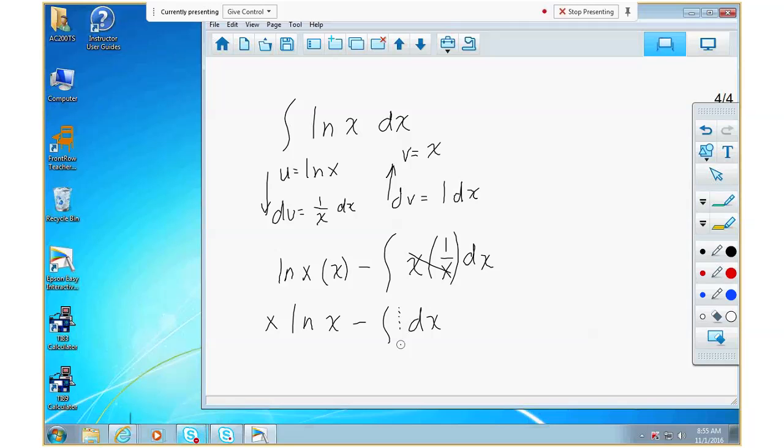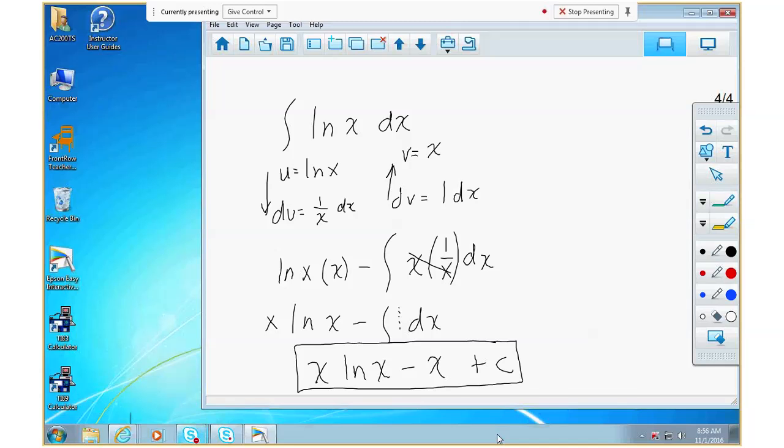So your final answer is x natural log of x, minus what? You say antiderivative of dx. We get to plus C. And you can also factor out the x. How hard is that? It's not hard, Hubert. No, it's not hard. If you can't do it, you just suck.